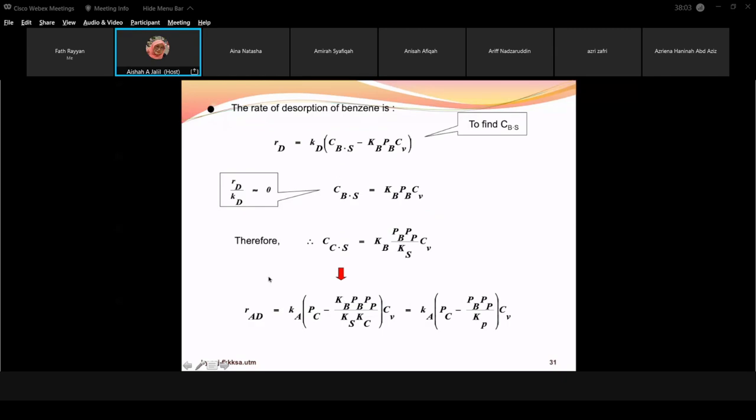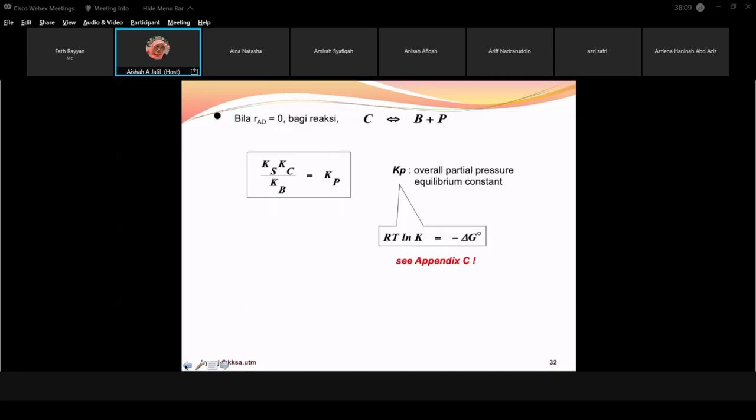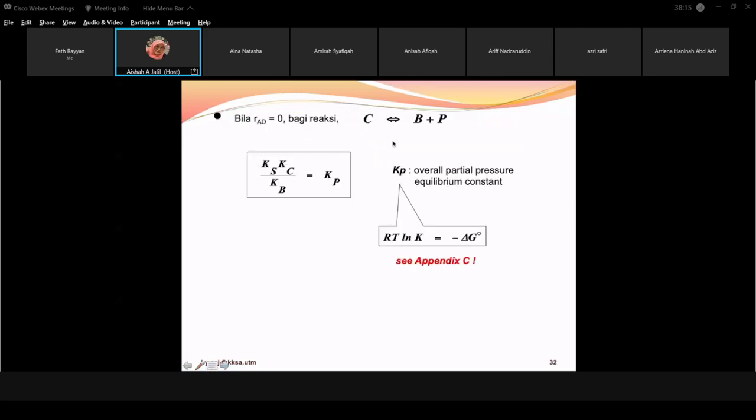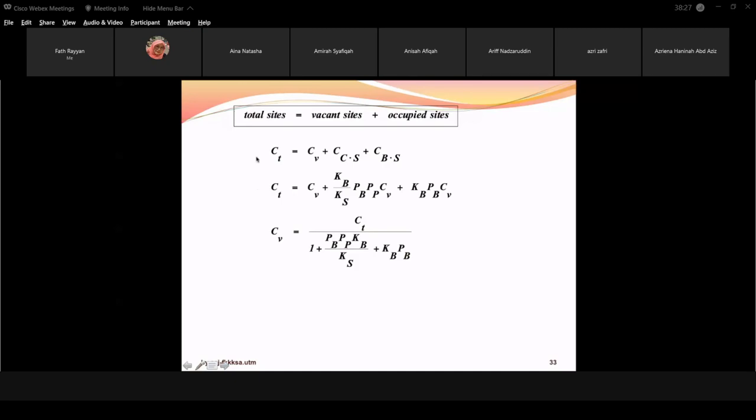So the r_D becomes complex like this. Okay, and then you have another one: C_T, C total. This is for when the r_AD equals 0, the relation becomes like this. Okay, this is the C_T.